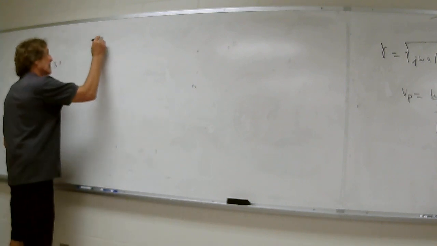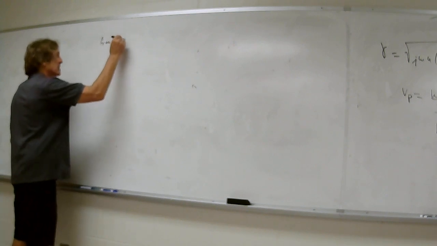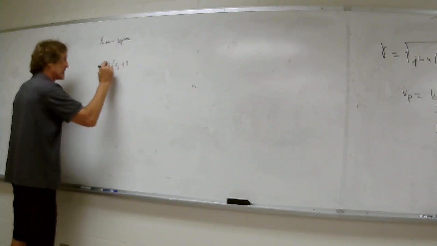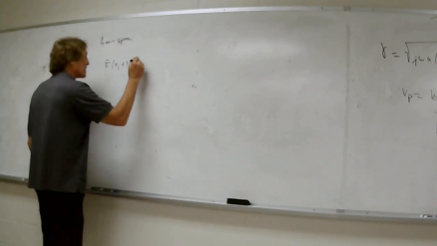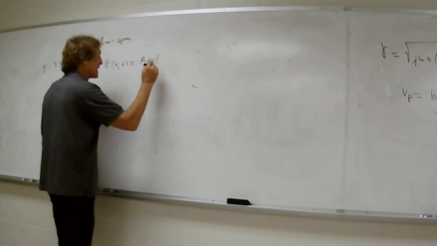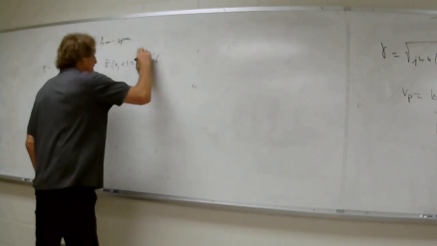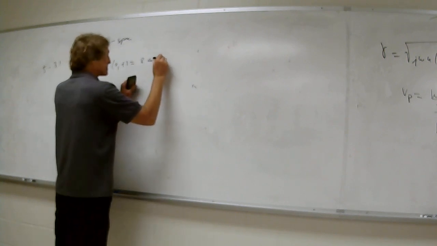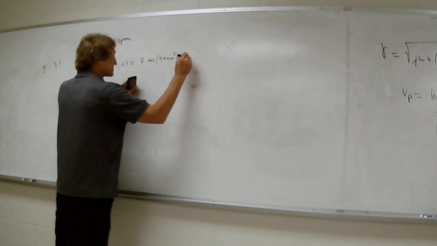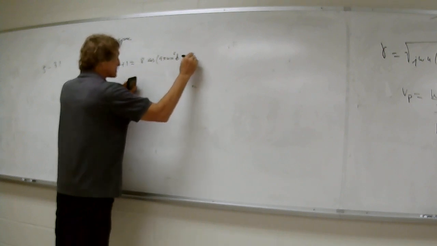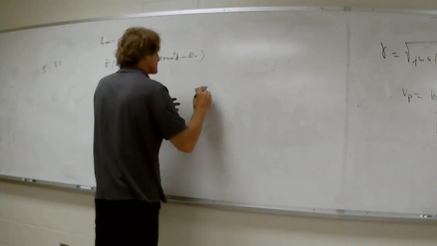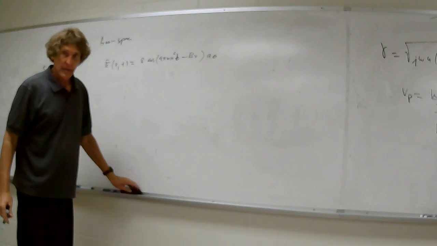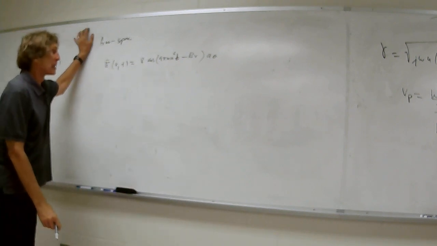We've got E of r, t equals 8 cosine of 9 pi times 10 to the 6th t minus beta r in the a theta direction, volts per meter. It says find the frequency, phase constant, and H.